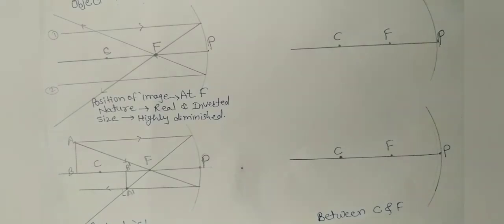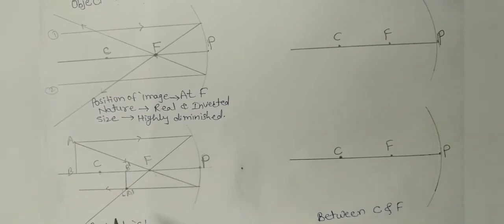This A dash B dash is perpendicular to the principal axis, and so this is the image of object AB. So this is the object AB and this is the image A dash B dash. The position of image is between C and F, between center of curvature and focus.